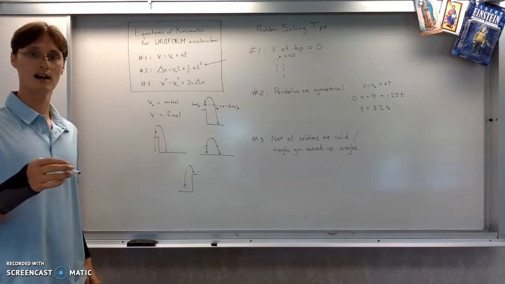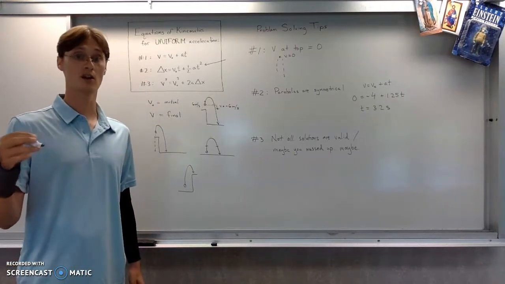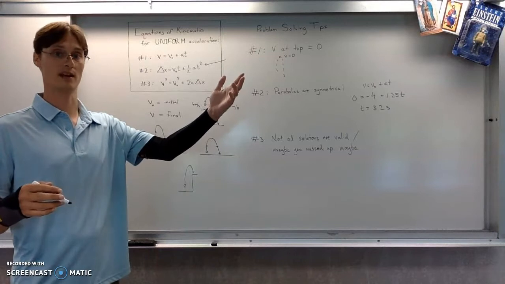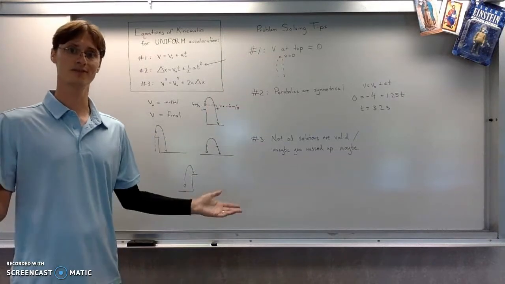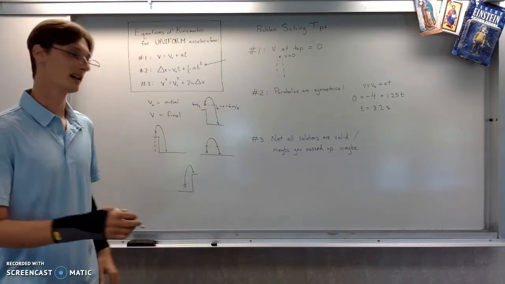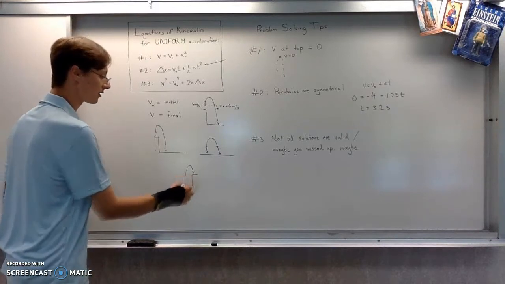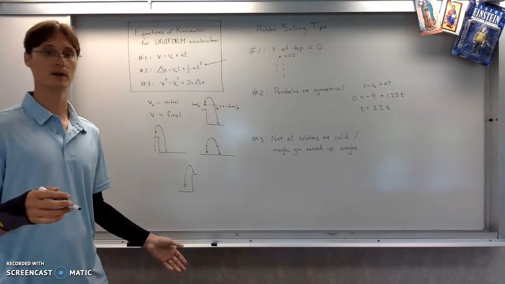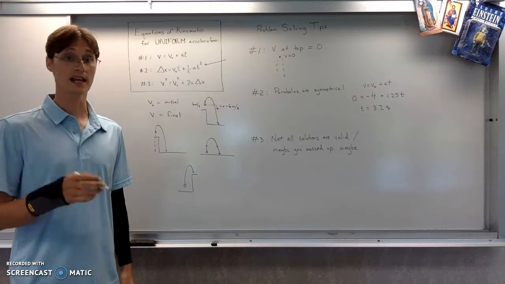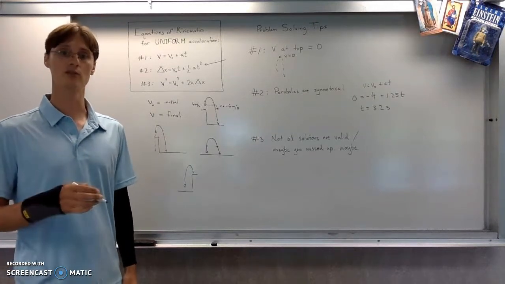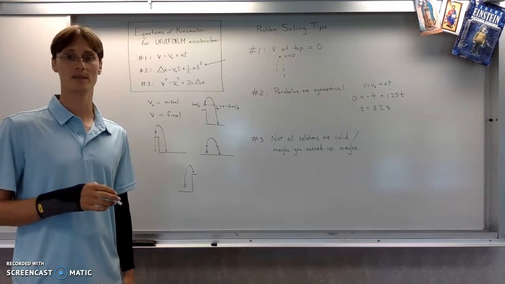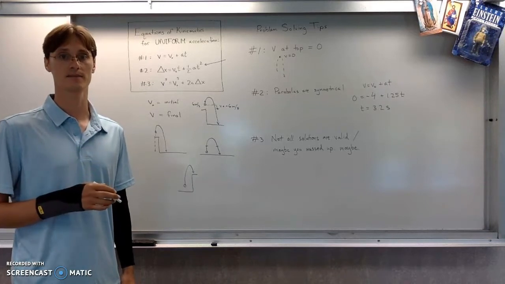Well, obviously, if you don't throw it hard enough to get up there, then the answer is never. It will never be up that high. So, if I want to know, when will the ball be 20 meters above where it was thrown, the answer can be never. If you get no real roots, then that means it never makes it that high.